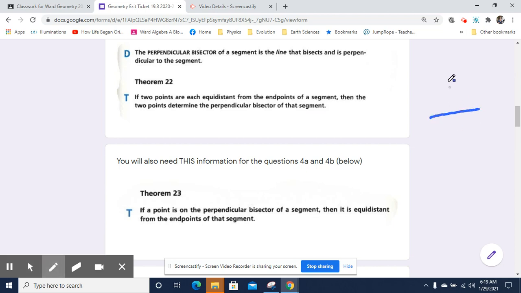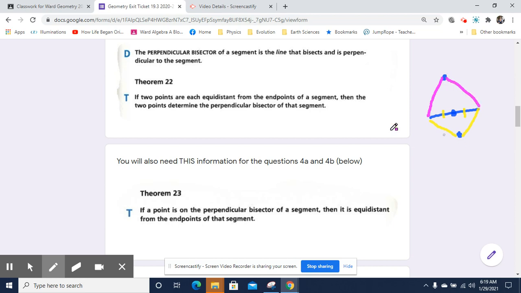So here is a segment, here's a point, here's another point, okay, here's another point. I could pick any one of these points as long as they're equidistant. Like that's equidistant. This one happens to be a midpoint, so it's also equidistant from the endpoints. And this point is equidistant from those.